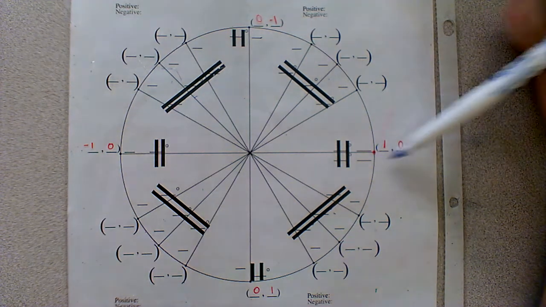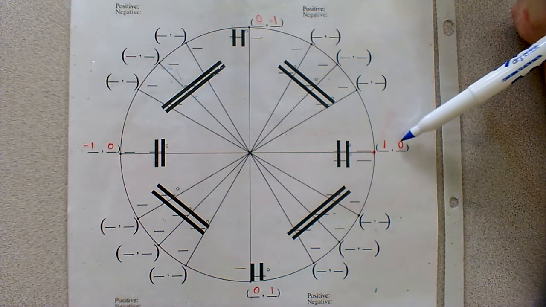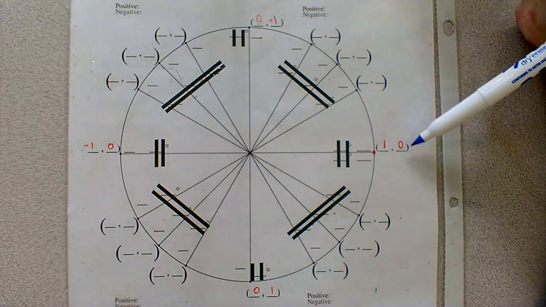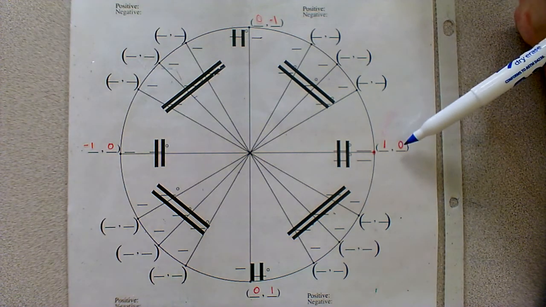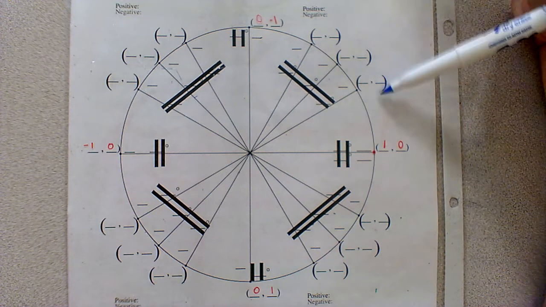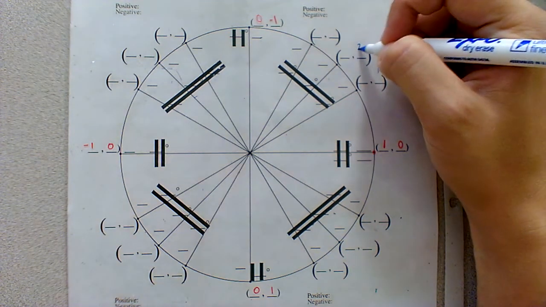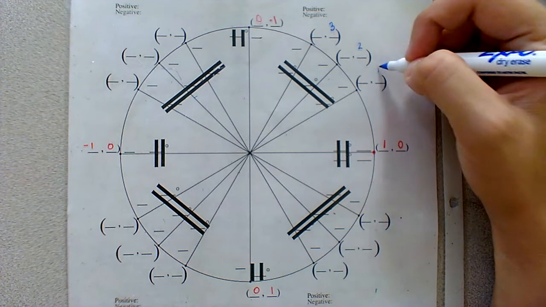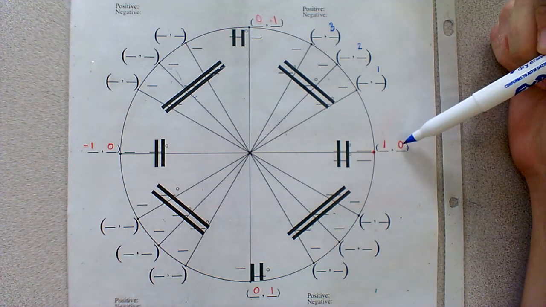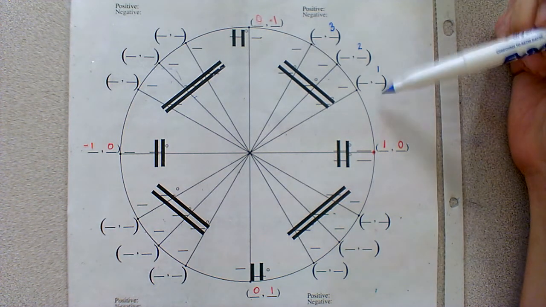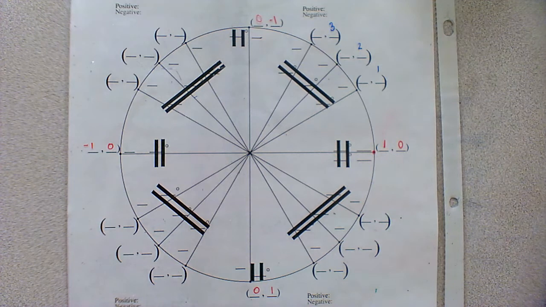So if you take a look at this first ordered pair that we wrote here, I want you to find the 0 value, which in this case is in the y coordinate. And if you want to fill out the points in the first quadrant, I want you to count 1, 2, 3. So again, we're starting with the 0 coordinate, and then we're going to count 1, 2, 3.